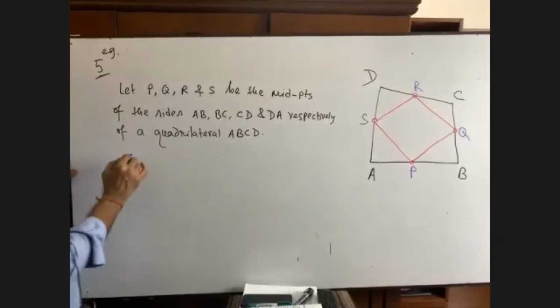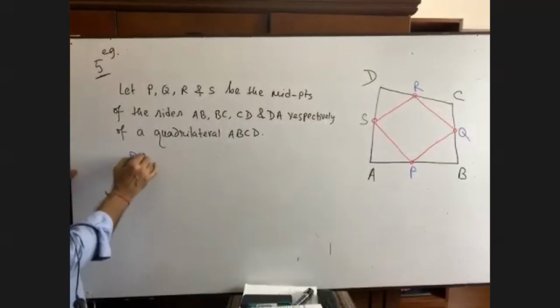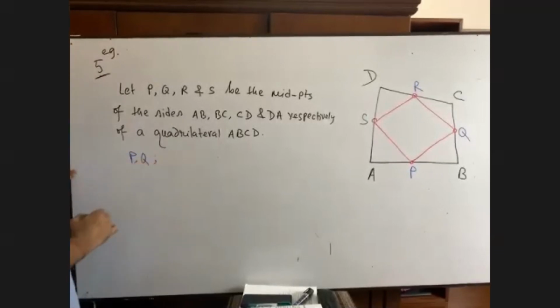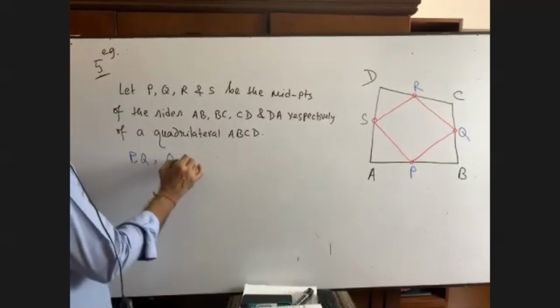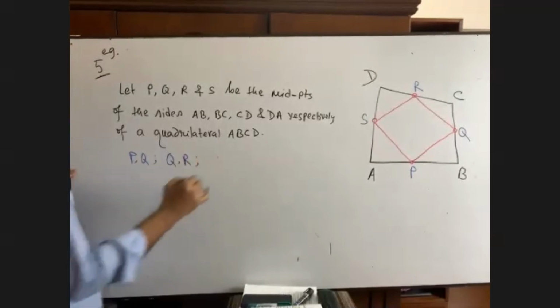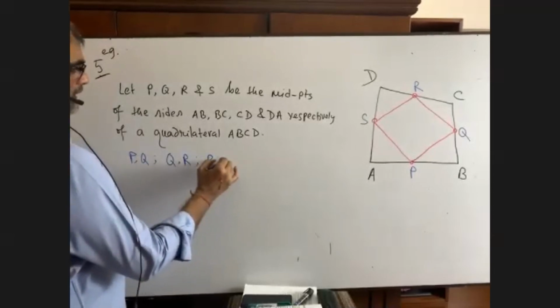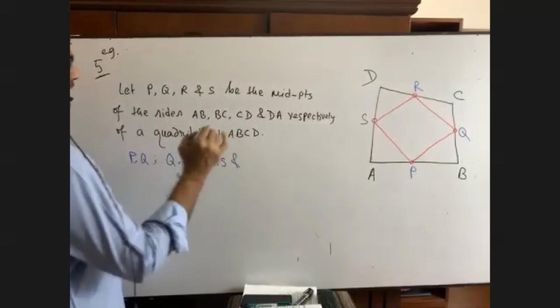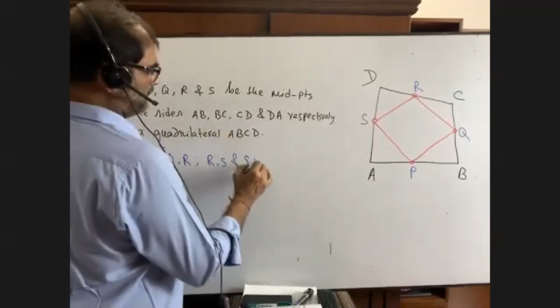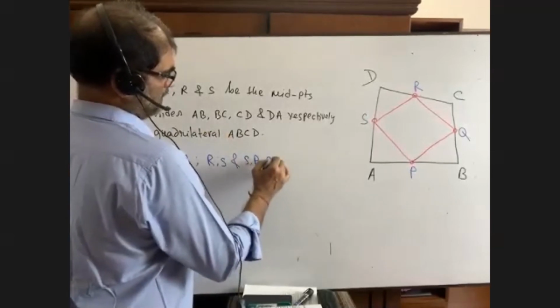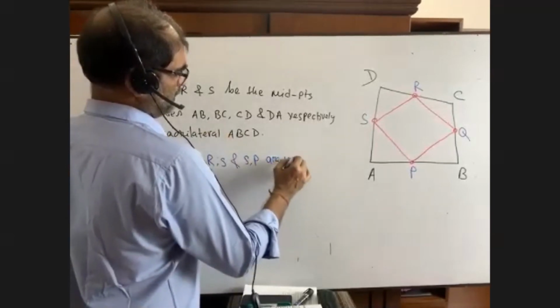Now, can you write P comma Q in this way, Q comma R in this way, R comma S and S comma P are joined.